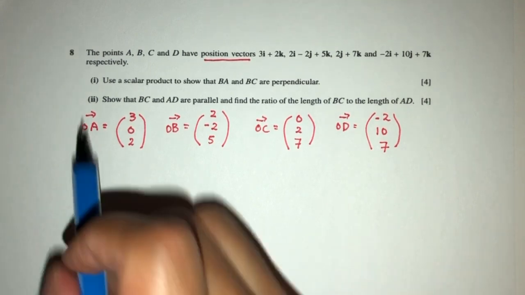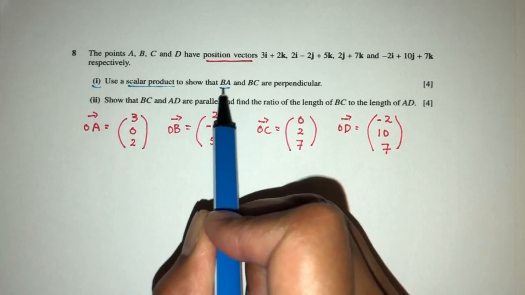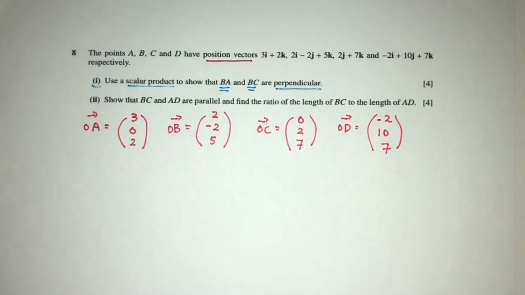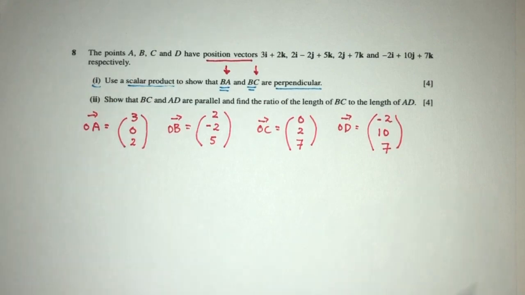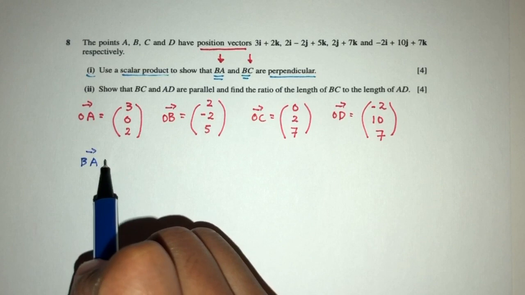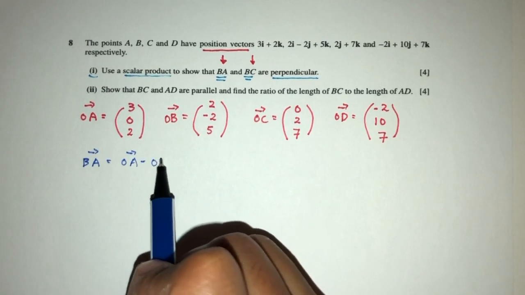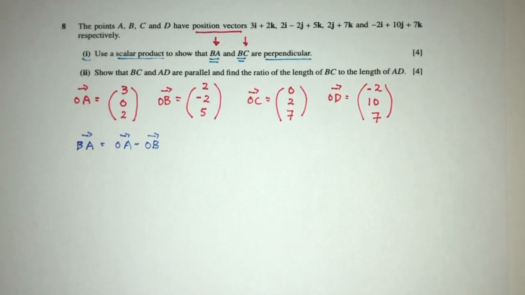Now, part 1, we have to use scalar product to show that BA and BC are perpendicular. So let's first find these two directions, BA and BC. First one, BA is equal to OA minus OB. Now again, I do have a video about this. How do I know it is this? It is the direction we have to understand.